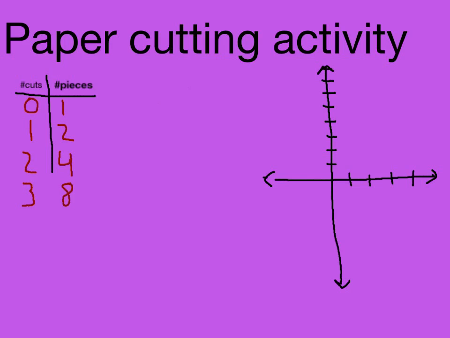Let's take a look at what that looks like on the graph. We were at 0, 1, we were at 1, 2, we were at 2, 4, and we were at 3, 8. When I connect these dots, we don't get a line, we get a curve. And this is what an exponential function looks like.